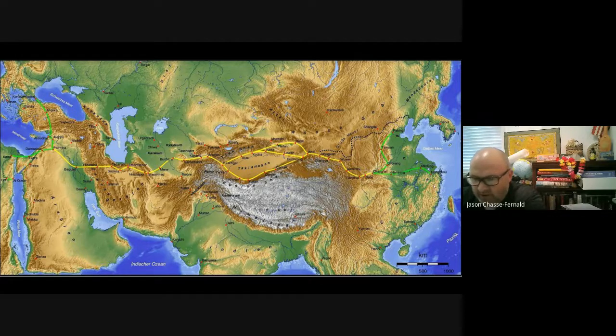Then we see a more Indian Ocean focused economic system for China's imports and exports. We're also seeing the Islamic world being more Indian Ocean focused as well.